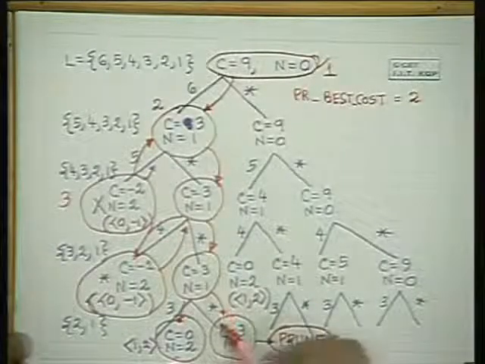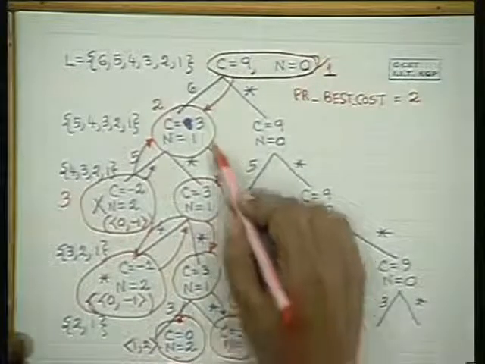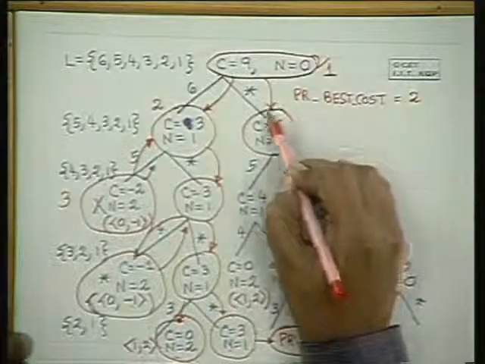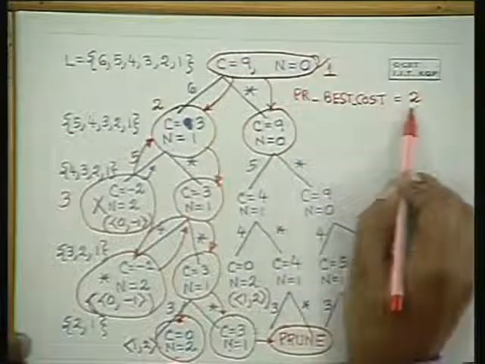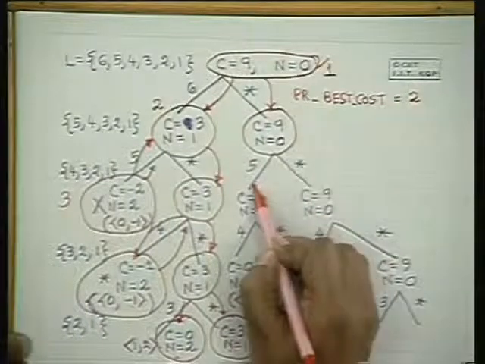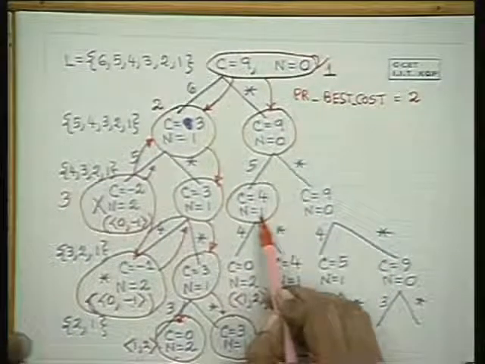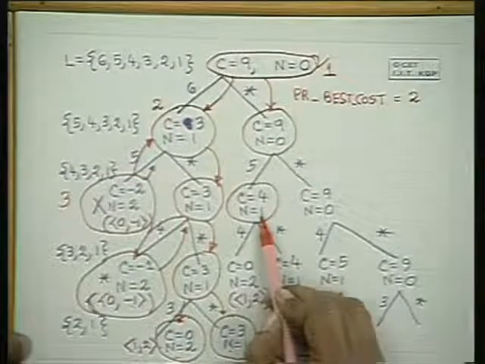So here I prune, I come back here, I come back here, I come back here, I come here, I come here. Now what is the value of n plus 1? Is 1. So I cannot prune because n plus 1 is not greater than 2. Let us come here. At this point, n plus 1 is 2, I've already got a solution of cost 2, so there's no point continuing here.